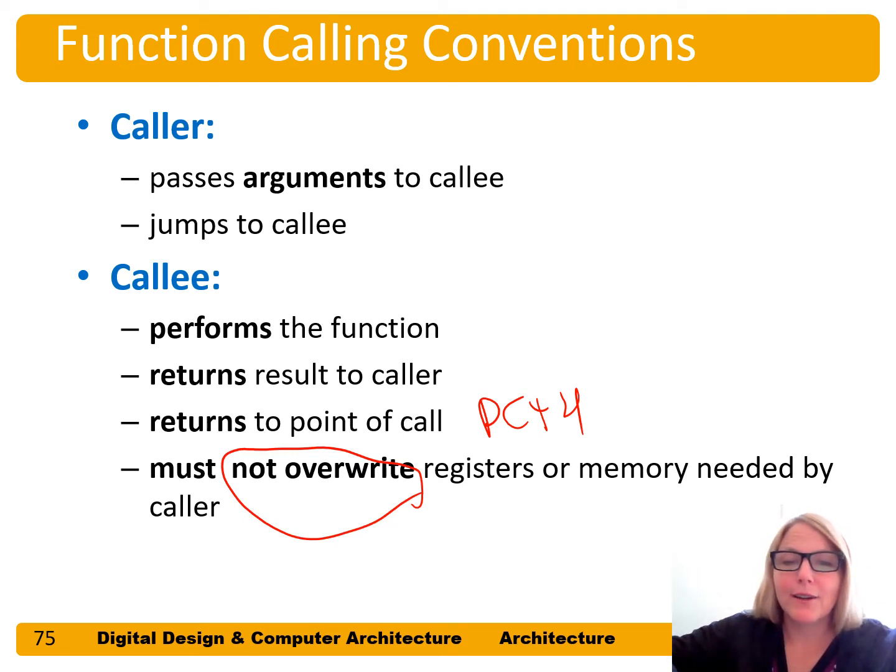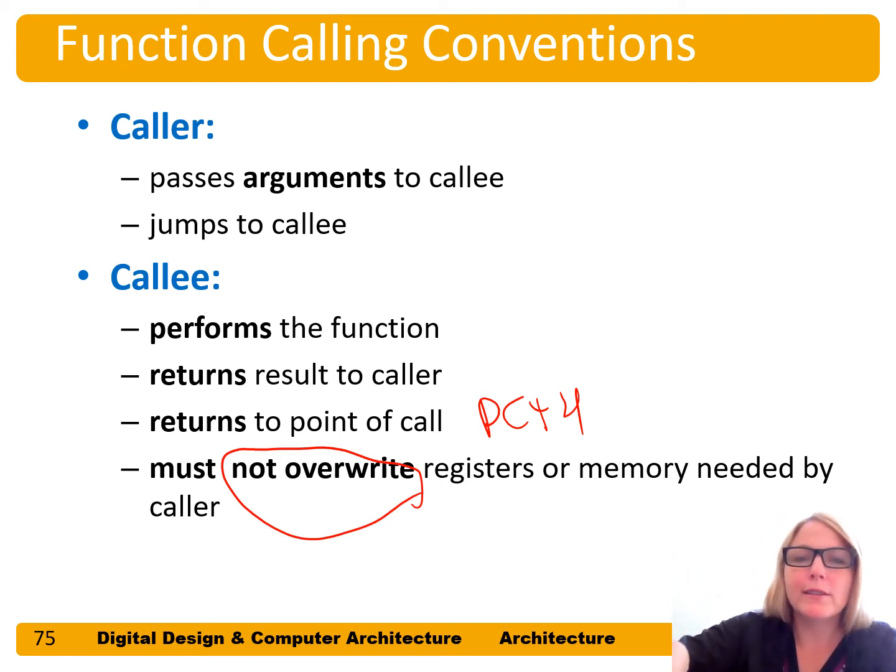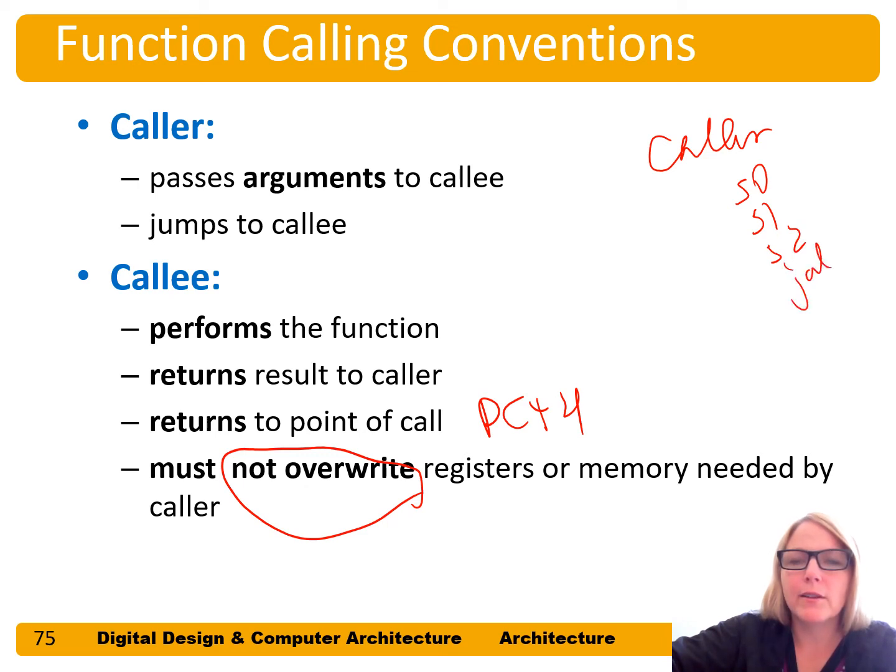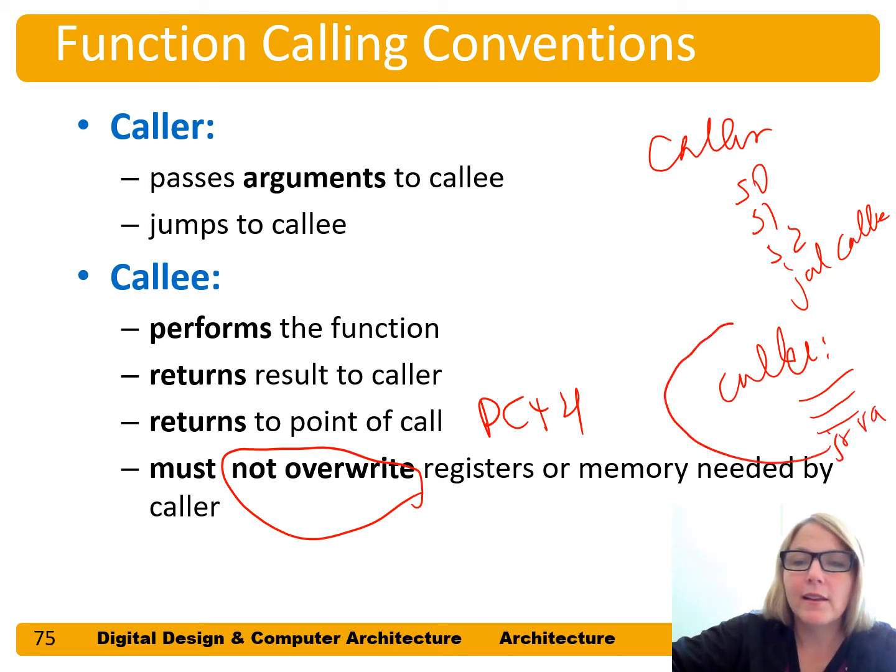It's like the caller says, oh, I have my own stuff. Maybe it's using S0, S1, S2, it has stuff in it. And then it makes the call to some other function, the callee. If the callee writes over S0, S1, S2, when it returns with JR RA, guess what?